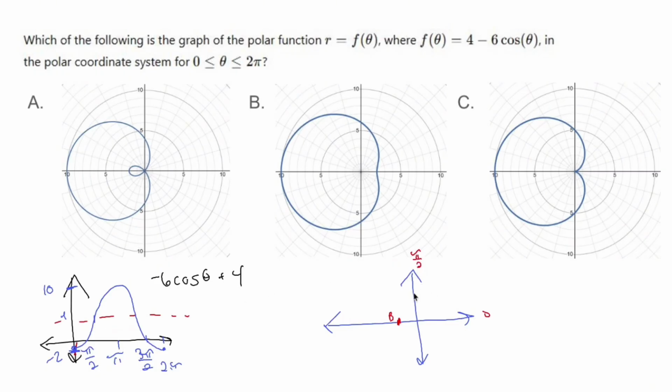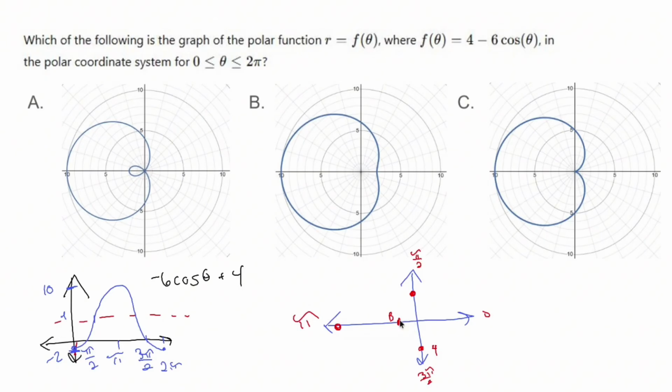So pi over 2 is at 4. If I were to make my way to pi, at pi I'm at the very tippy top, which is 10. Okay, and then back to 3 pi over 2, which is going to be 4 again. And that's 3 pi over 2.